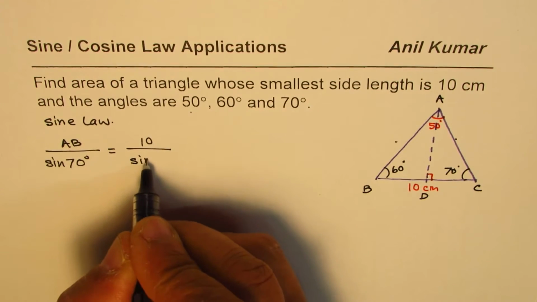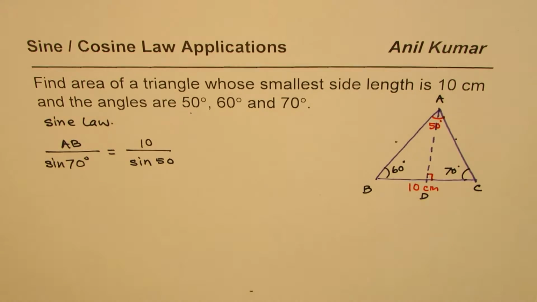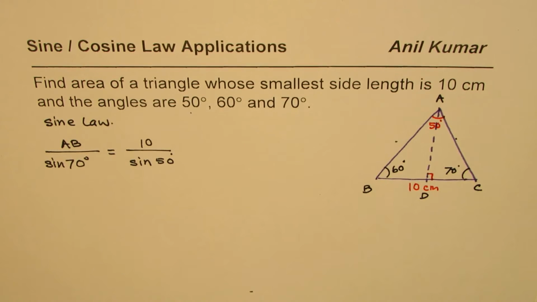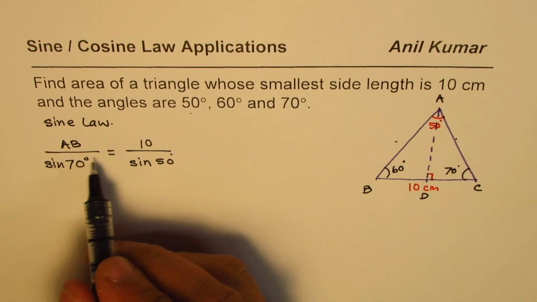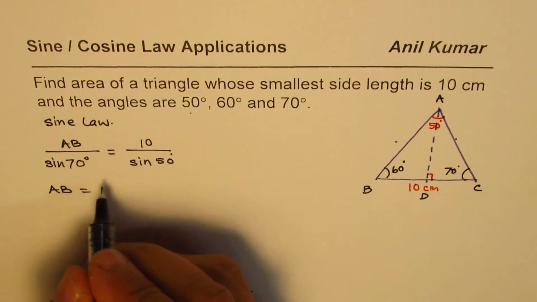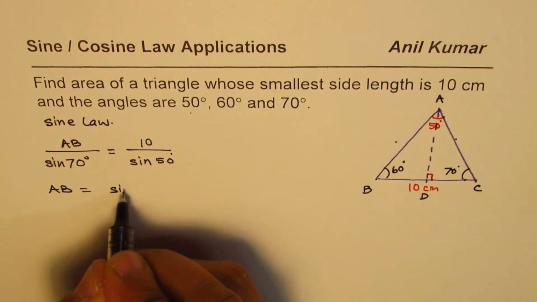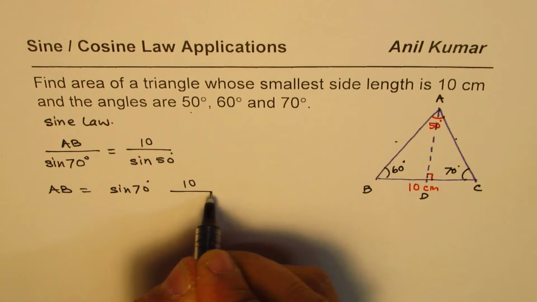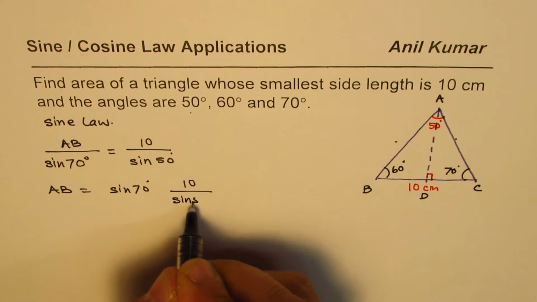So I've written the sine law. Now, cross multiply. AB will be equal to sine of 70 degrees multiplied by 10 over sine of 50 degrees, correct?